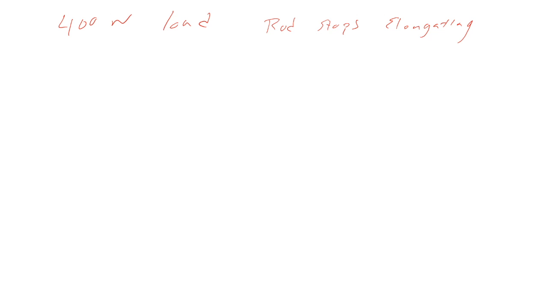If we go by the equation, it's never going to stop, actually. So when we say the rod stops elongating, that's a practical measure. So how long does this take?